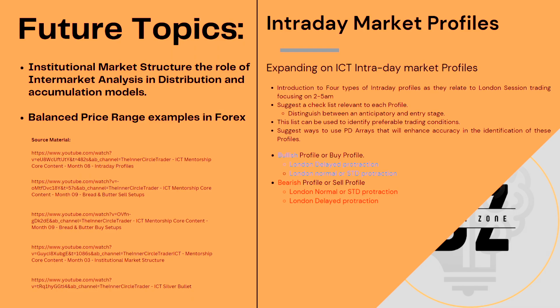We looked at ways to use the violation of PD arrays as a means to measure shifts in sentiment. We focused in on the use of inverted fair value gaps to support our analysis and showed we can use them as a mechanism to enter trades. This was an introduction, an example of how to incorporate and blend together the many components taught by ICT and form a trading plan.